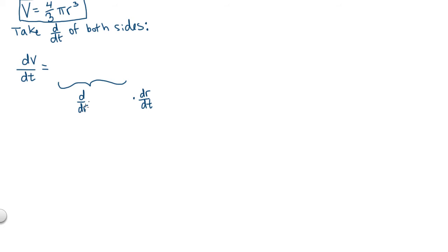So the derivative with respect to r of the right side is going to look like 4/3 pi, so that's all a constant that stays out in front, and then we're going to multiply by the derivative of r cubed, so times 3r squared. So that is taking the derivative with respect to r, and then we need to multiply by dr by dt to really get that derivative in terms of t.